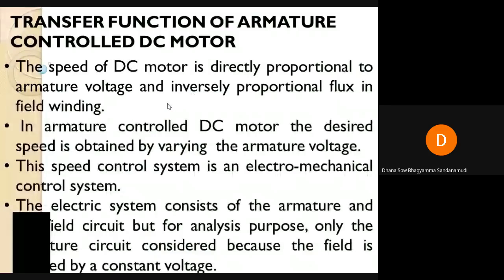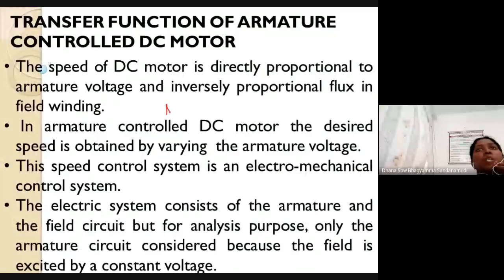We know speed N is directly proportional to the armature voltage, and it is inversely proportional to the flux in the field winding.